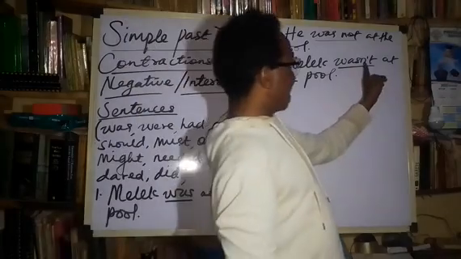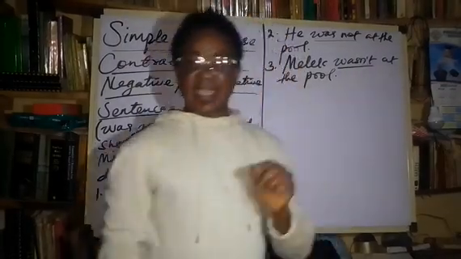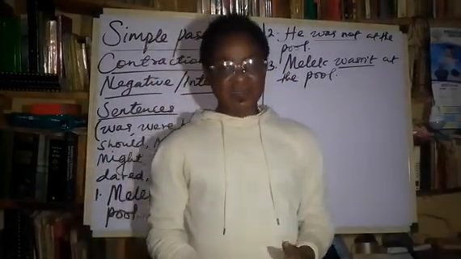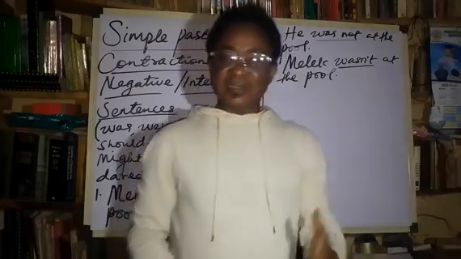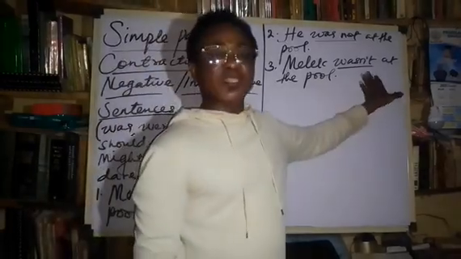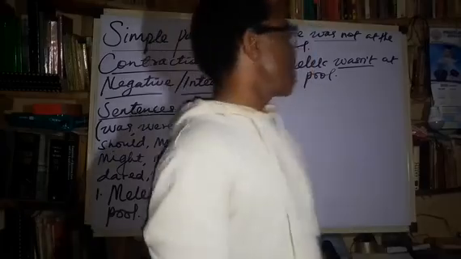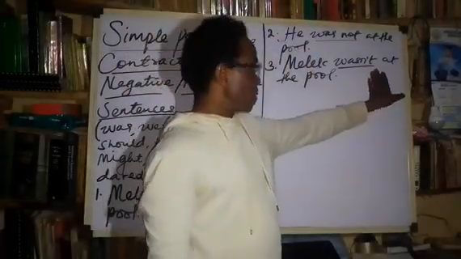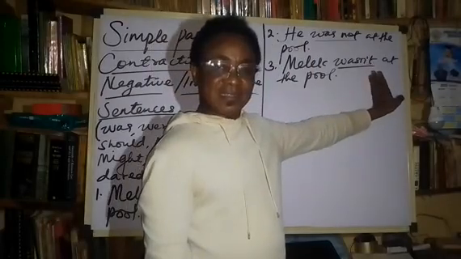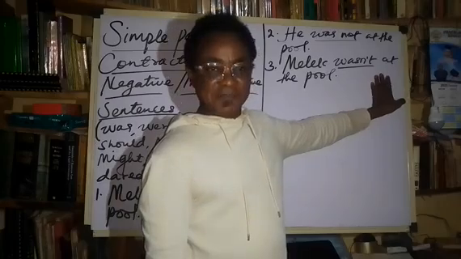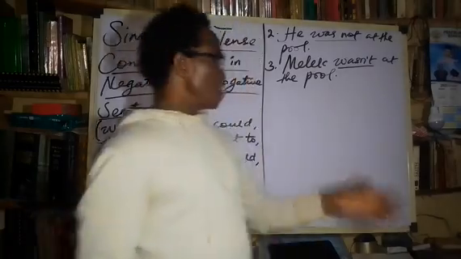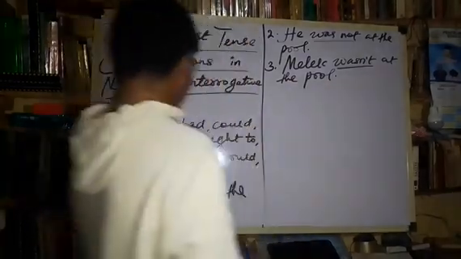The pronunciation ends with the sound produced by the letter N. Usually the spelling has to be correct when you're writing. In a contraction, the apostrophe comes after the N and the final T follows. It doesn't come before the N or after the final T. So we say Melek wasn't at the pool.